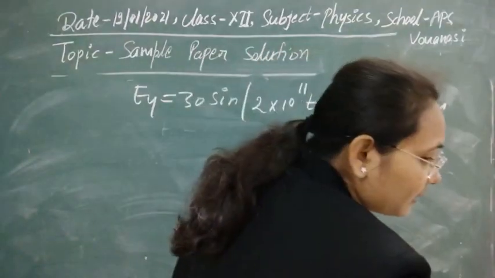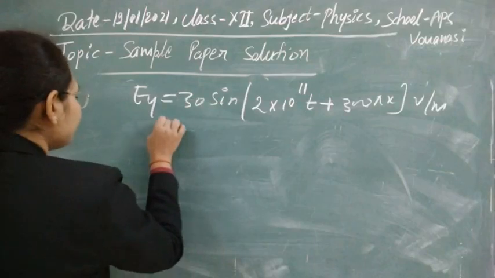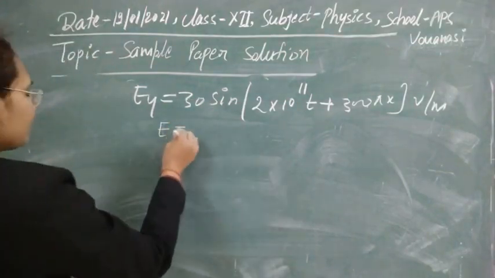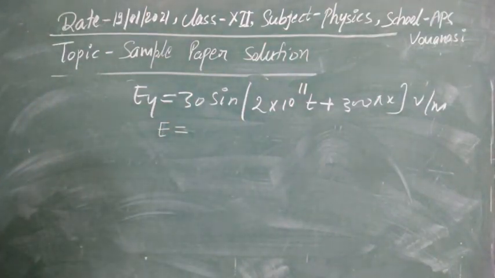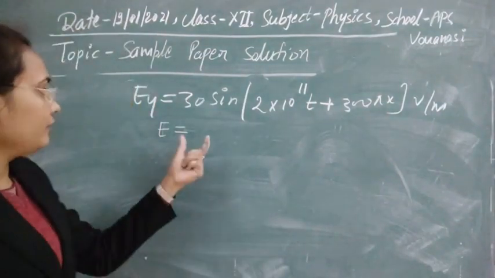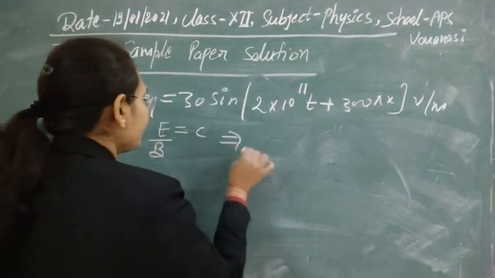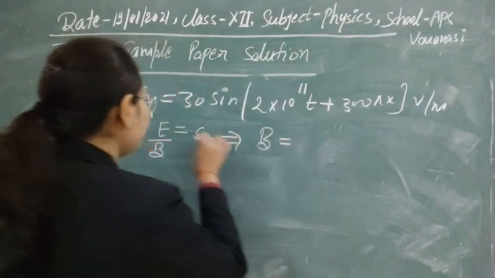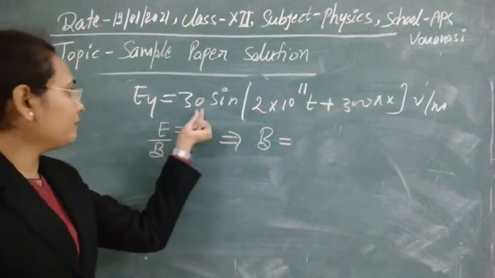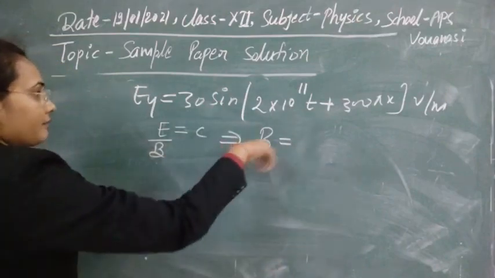As we know, the relationship between electric field and magnetic field is E by B equal to C. So we can write B equal to E upon C. We have the value of E here, so if we divide it by C, we can find the value of the oscillating magnetic field.